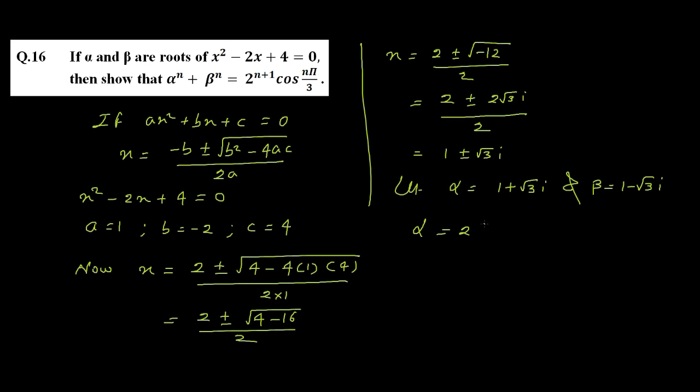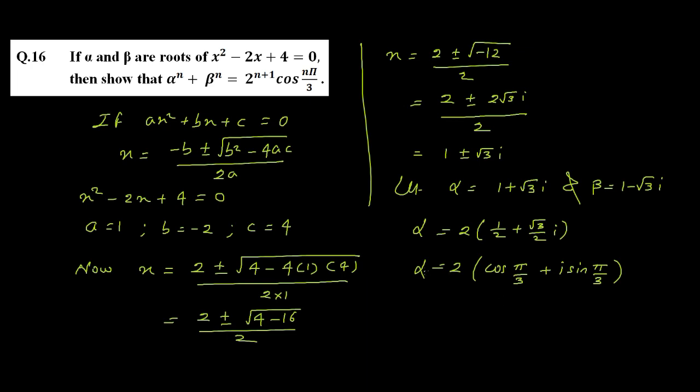That means I have multiplied by 2, so that's why I am dividing by 2 here. So this is something like 2 into 1 by 2, which can be written as cos pi by 3, since cos 60 is 1 by 2, plus iota sine 60, that is sine pi by 3. That means this is my alpha.